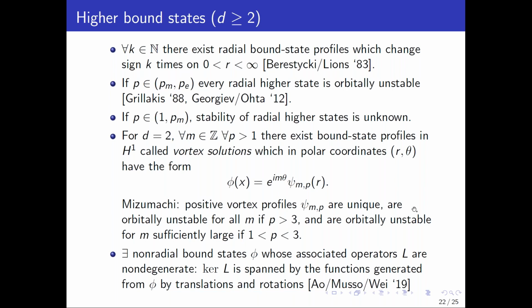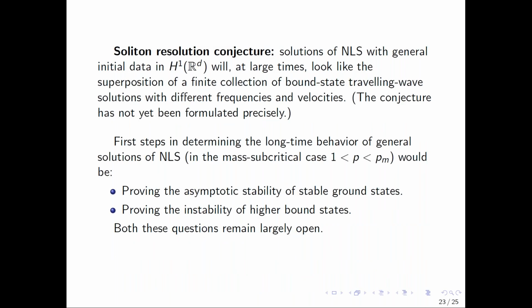We don't really know much about higher bound states or their stability in general. At the end, I mentioned that there's a recent non-degeneracy result for these higher bound states, and I think this is one of the only non-degeneracy results known to date for them. So let me just finish with a quick description of the soliton resolution conjecture.